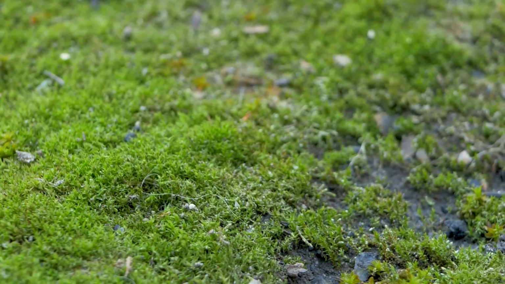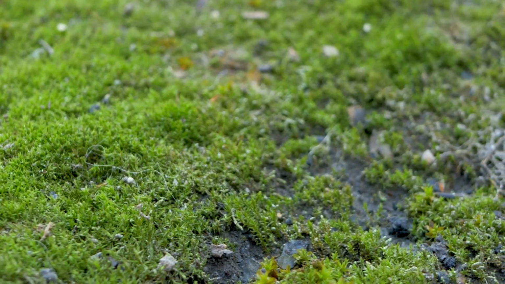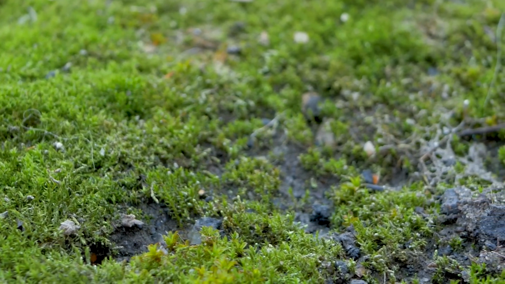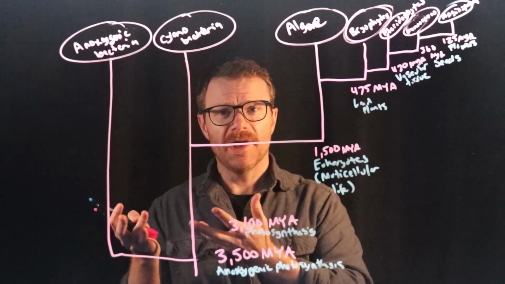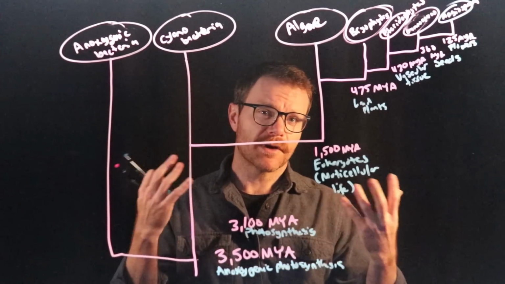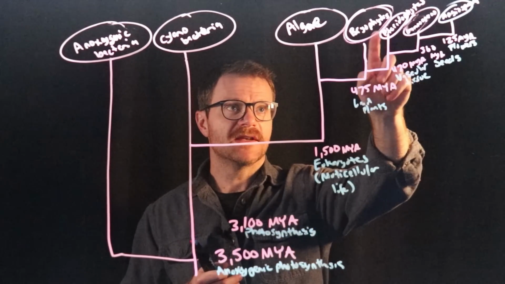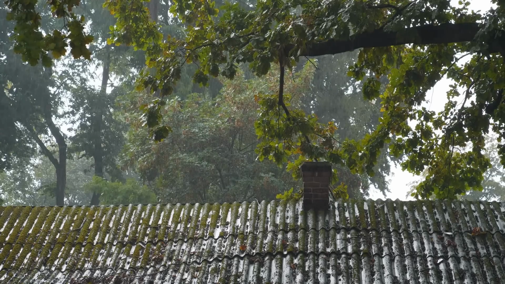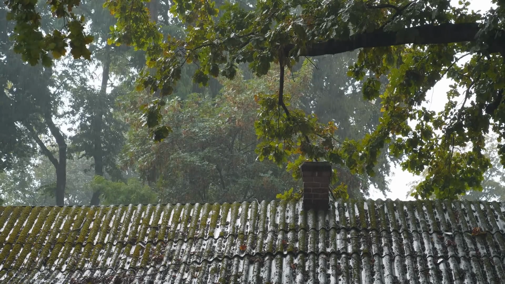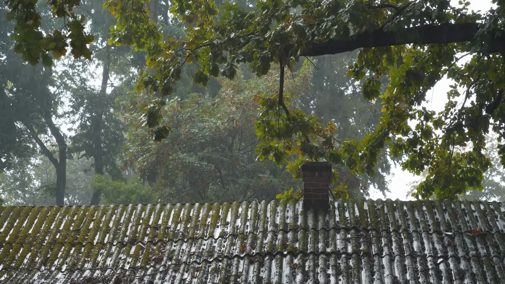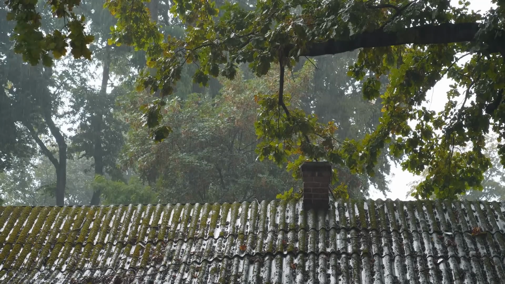They can just do photosynthesis and get soaked in water because it's all around them, especially in the wet times of year. Like right now, it's the fall where I live, and these pteridophytes and bryophytes, mosses and ferns, are just absolutely thriving. There's moisture everywhere, and they're growing like crazy.